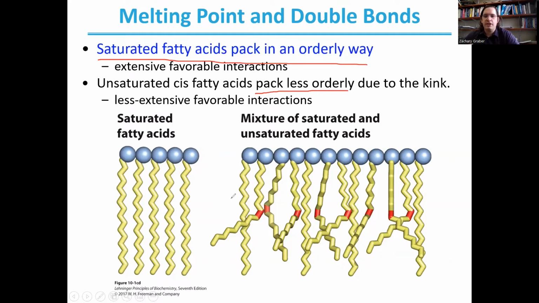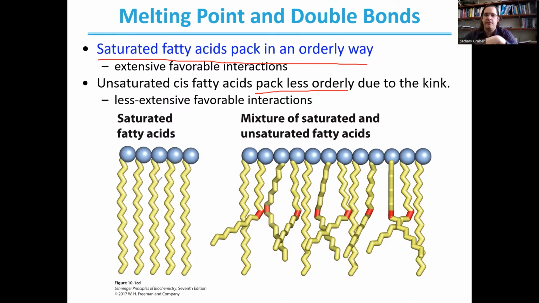So that change in our packing will also change the interactions between our fatty acids, right? If we're very orderly and packed together very well, we get a high surface area between our molecules, which allows for more opportunities to form our London dispersion or van der Waals interactions between those molecules.